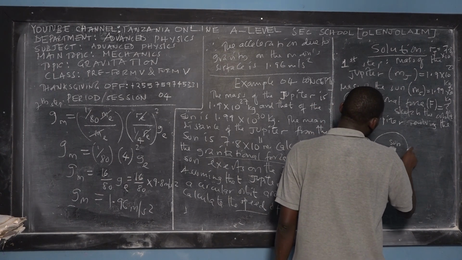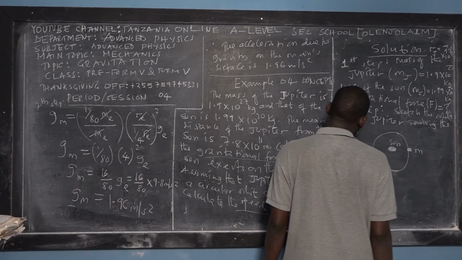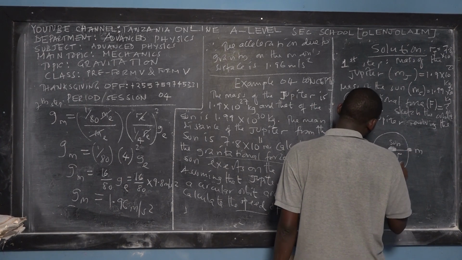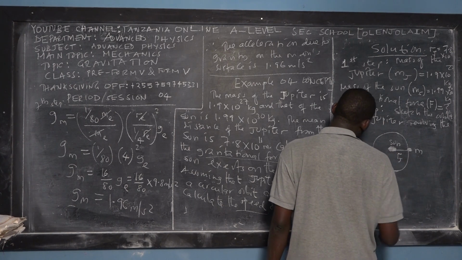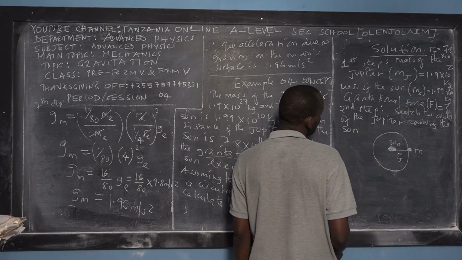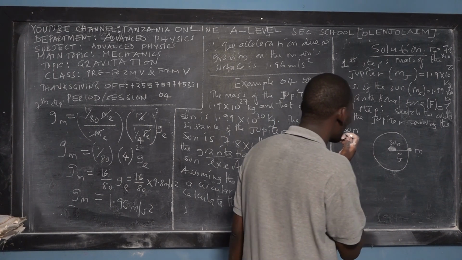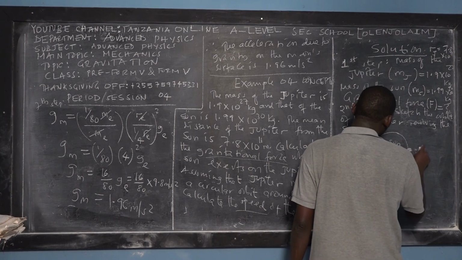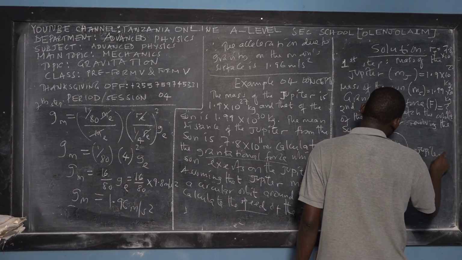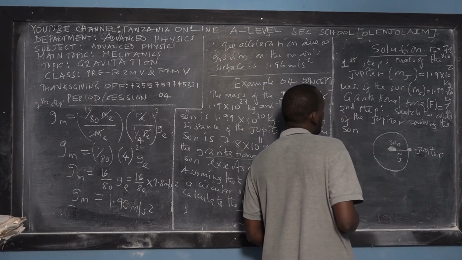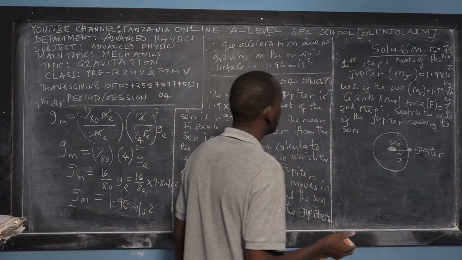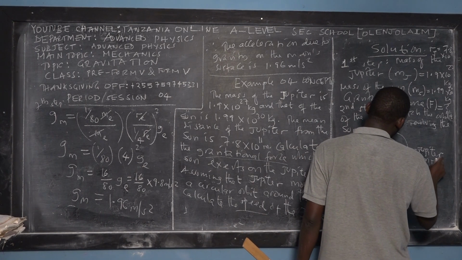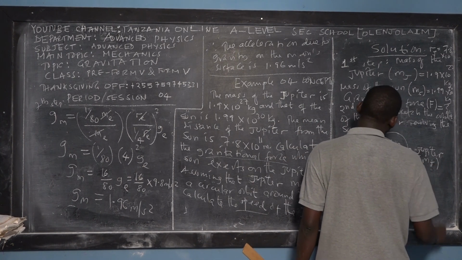And then this is a body of mass M. Here we have the radius of Jupiter's orbit to the Sun. Okay, so this is the planet Jupiter, and this Jupiter has its own mass, equal to the mass of Jupiter, given in the problem.